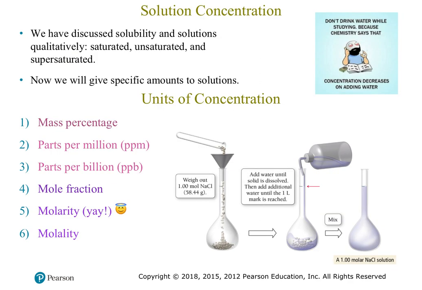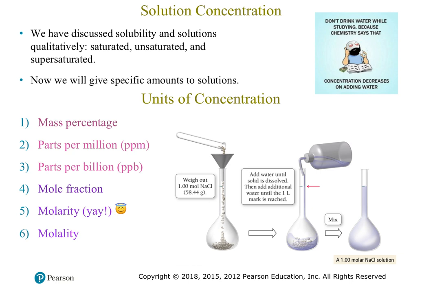So we have talked about solubility and solutions very qualitatively, whether they're saturated, unsaturated, supersaturated, but we're going to talk about specific amounts now, and this is going to be really important as we talk about calculations.